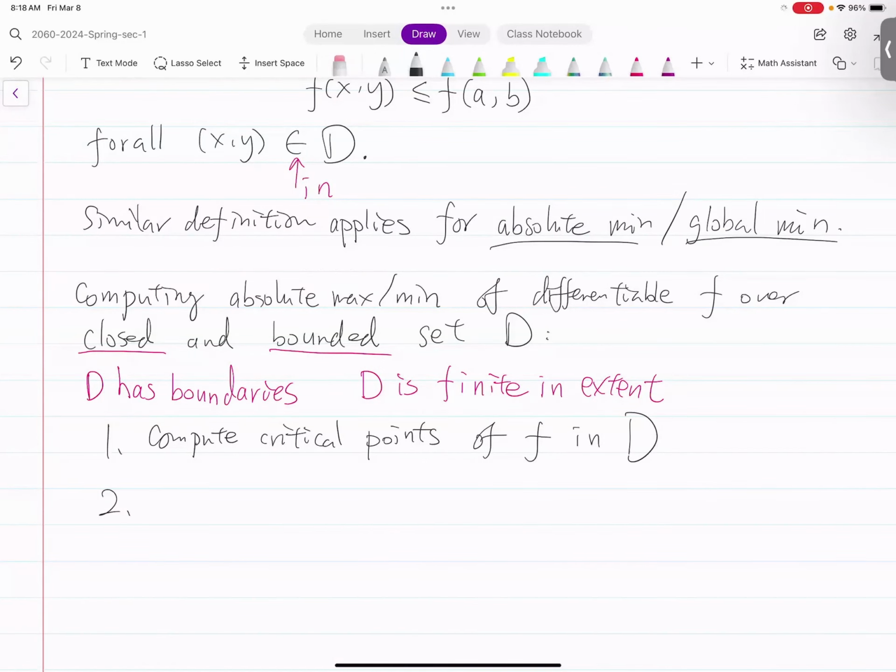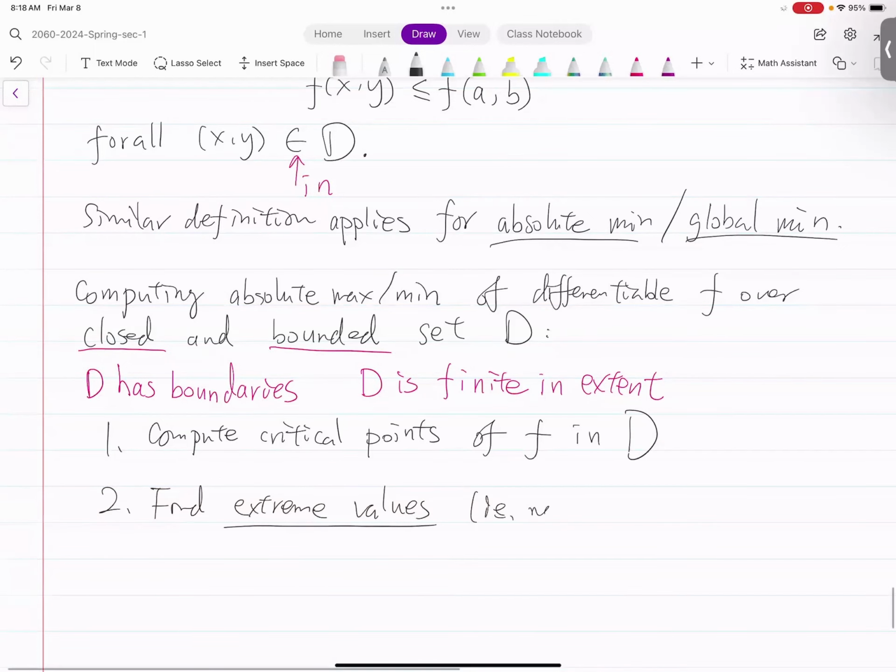And then we find extreme values, i.e. max or min, on the boundary.